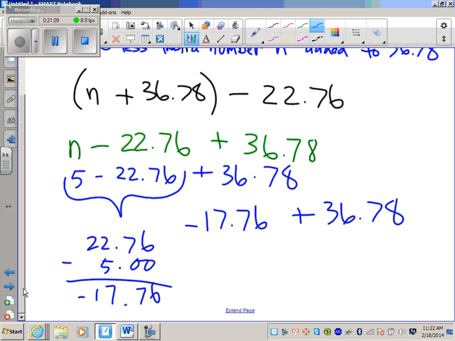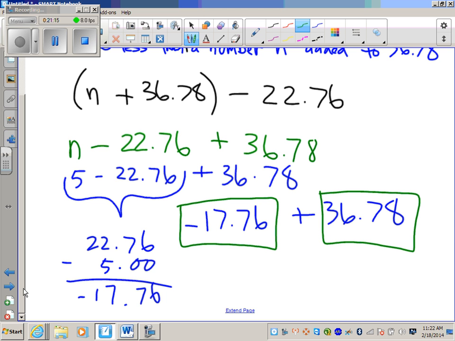Let me show you something. If I combine these two, in fact, I could even get it this way.